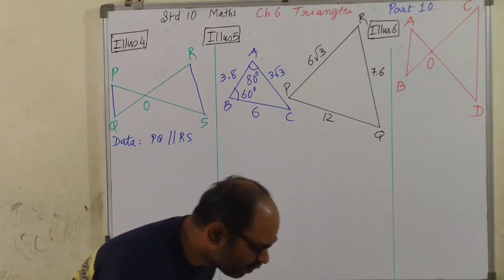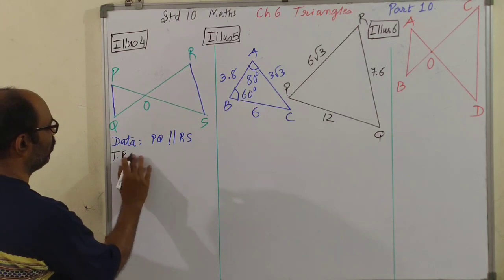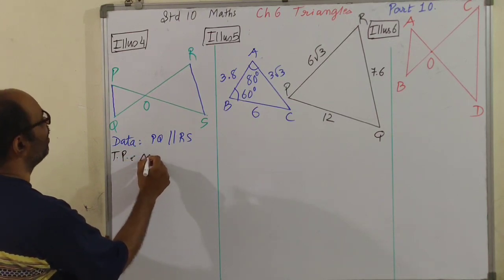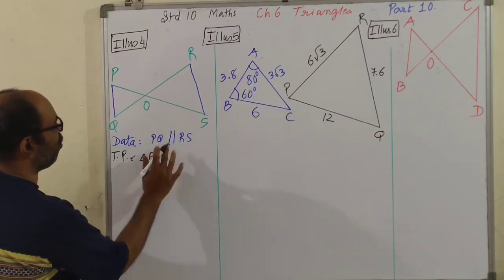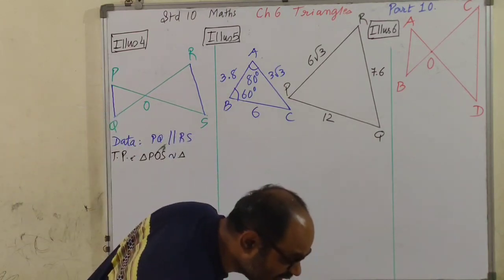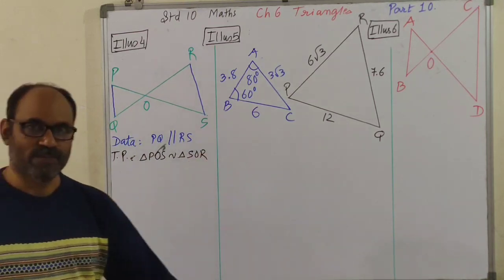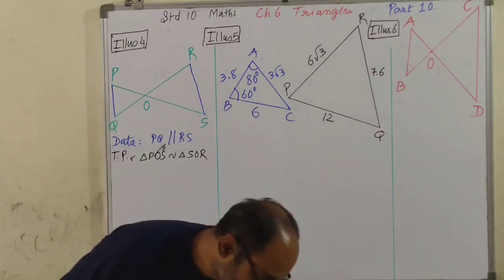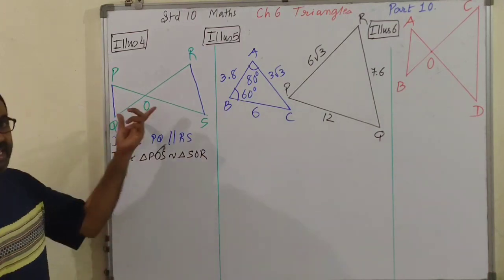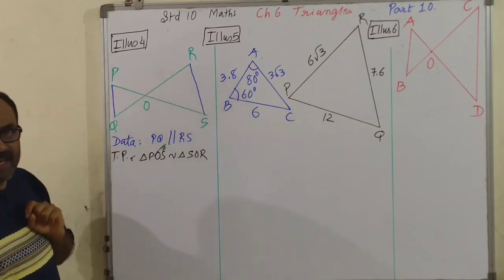To prove: triangle POQ is similar to triangle SOR. Alright, this is what you have to prove. In this figure, PQ is parallel to RS.